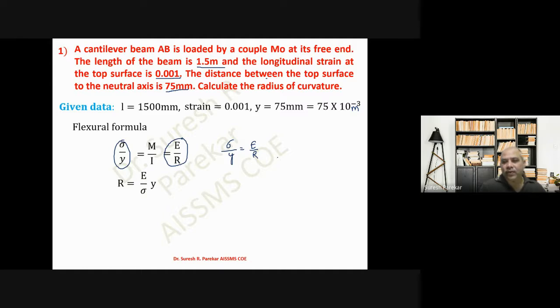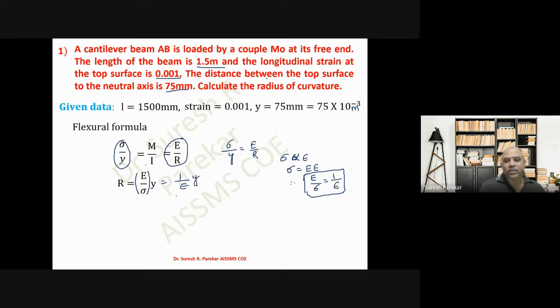Now we know sigma is directly proportional to strain, or sigma is equal to E epsilon, and therefore E upon sigma is equal to 1 upon epsilon. We use this to calculate the value of R. So R is 1 upon epsilon into y.